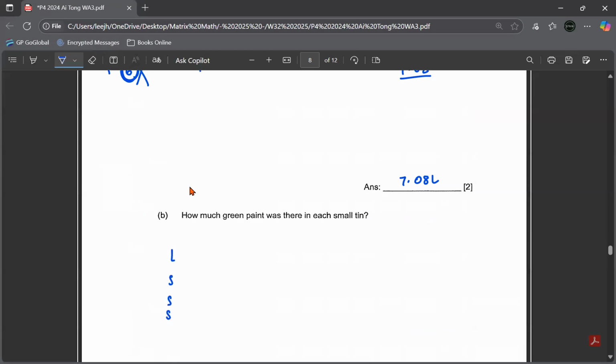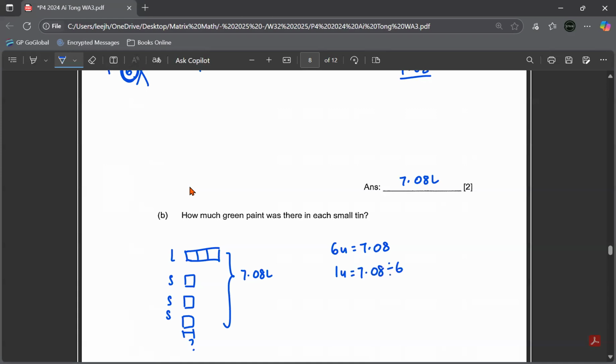The large has 3 times as much paint. So large will be 3 units. Small, each one only 1 unit. Total 7.08. That's the amount of green paint you have. So I'm going to find how much is in one small tin. So you know 1, 2, 3, 4, 5, 6 units represents a value of 7.08 liter. Look for 1 unit.